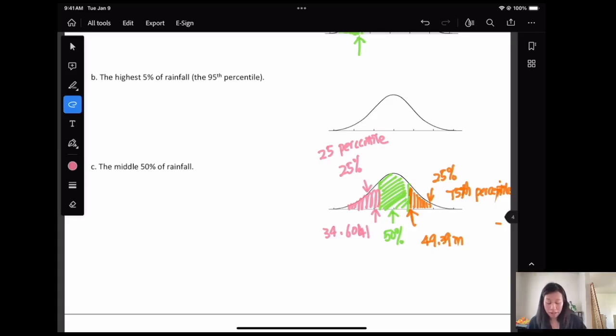So that means in between that, X is going to be 50%. That is going to be the middle 50% of the rainfall.